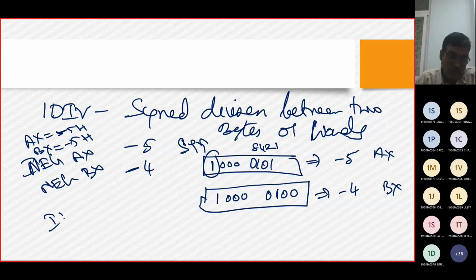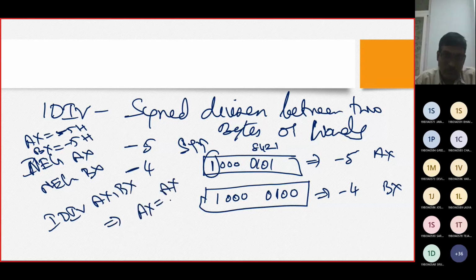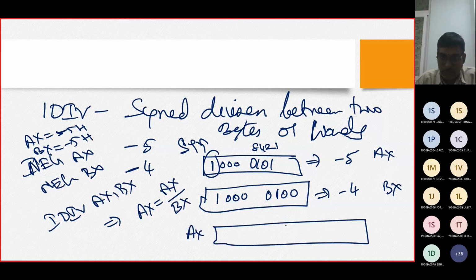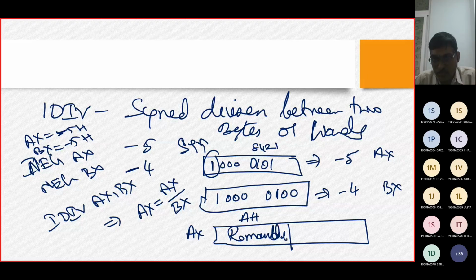Then I make the signed division IDIV AX, BX. This implies AX equals AX divided by BX, and the final answer is stored in AX, with the remainder stored in the high order bits and the quotient stored in the low order bits. So that is regarding the IDIV.